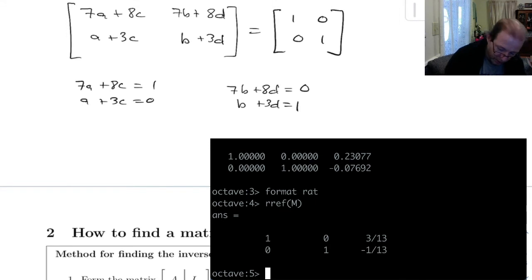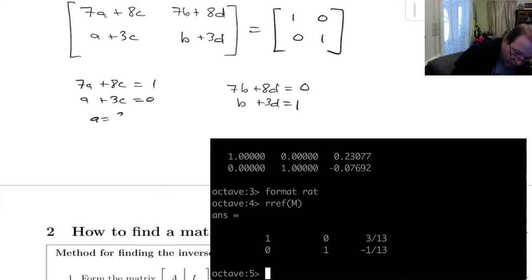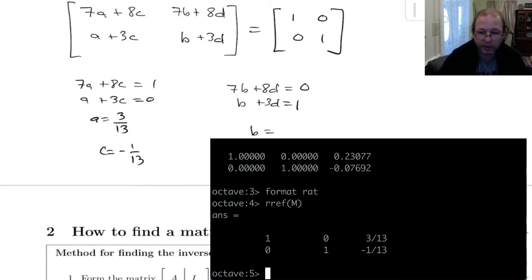All right, so that gives me, this one was for A and C. So A is 3/13. C is going to be -1 over 13. Then we'll get B and D. Similarly, over here, 7, 8, 0, and then 1, 3, 1.